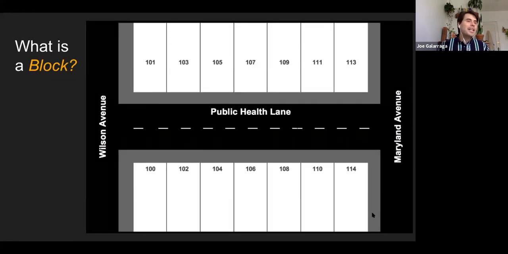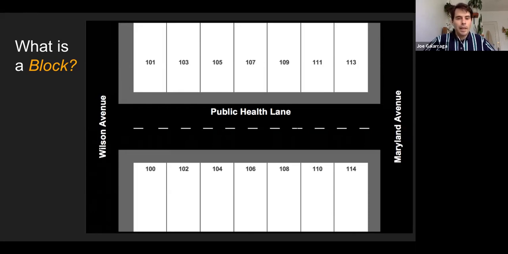So funny enough, in developing this tool, we had to decide what we were going to count as a neighborhood block. Are we going to talk about the actual block structure, where you can look at it from above on a map and see, oh, that's a square surrounded by four streets?